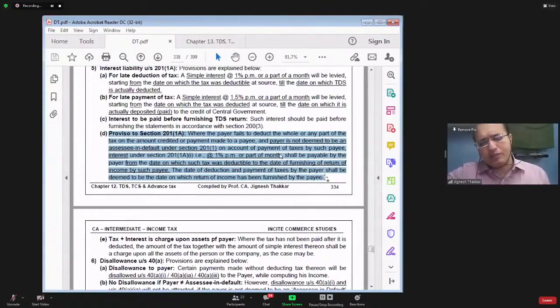In other words, they have paid the entire 50,000 to me without deducting TDS. Now in that particular year, they are not going to make any other payment to me. Year is going to end on 31st of March. In the month of March, Inside Commerce Studies is not supposed to make any payment to me.